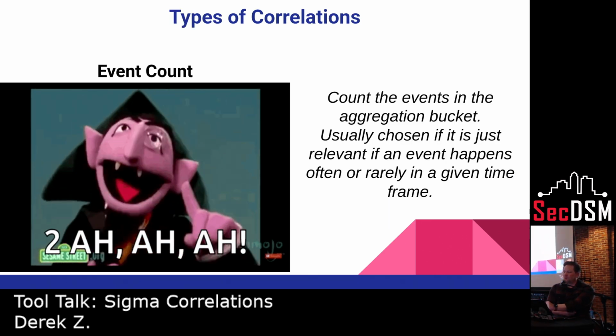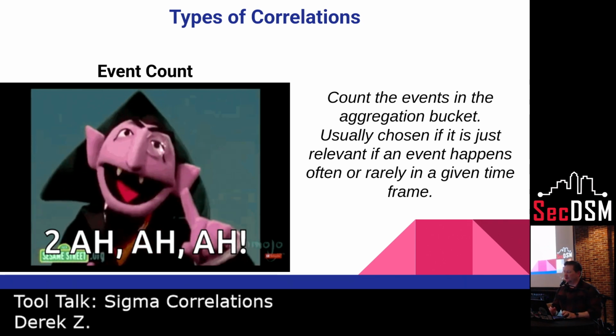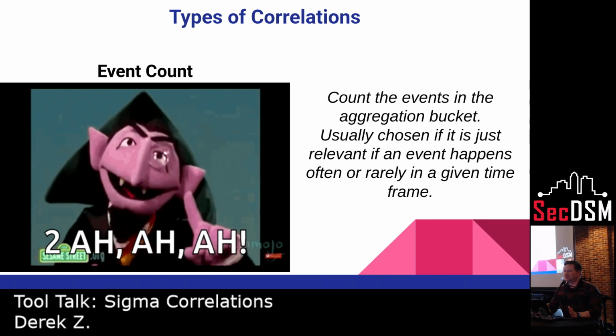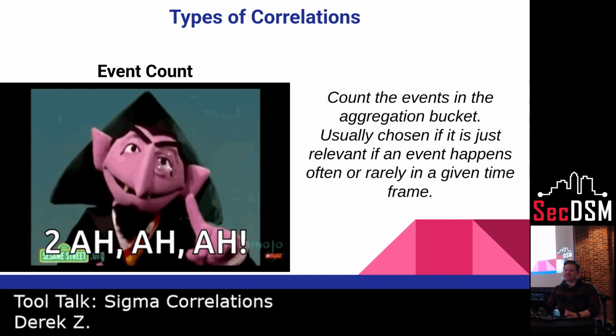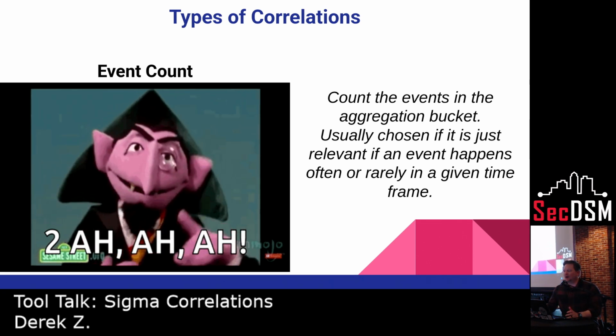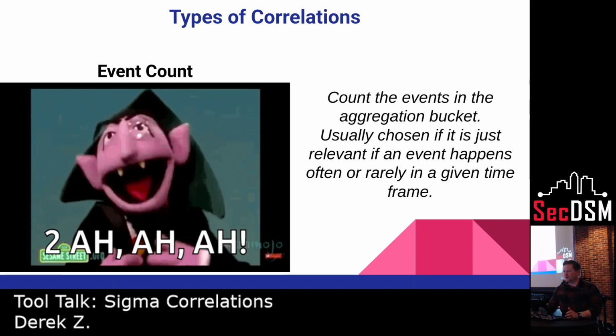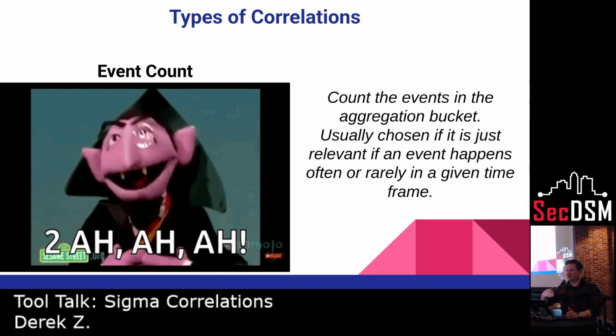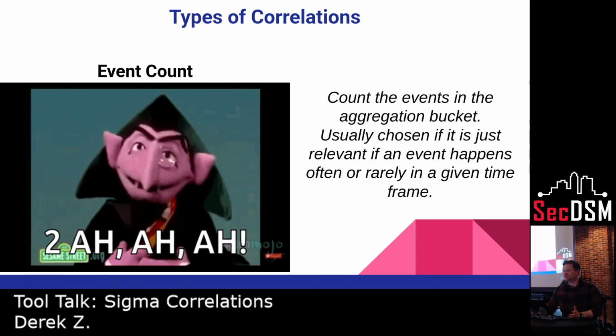With that, there are four types of Sigma correlations. The first one is event count, and literally you are just counting something that matches. A good example of this would be failed logons on a Windows machine. Some of you might know Windows security event 4625 is failed to log on to a service. If you saw a lot of those in a short period of time, that might be something you'd be suspicious about.